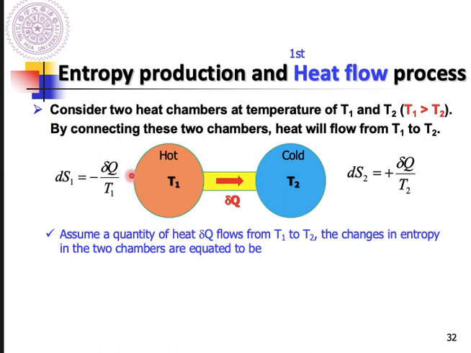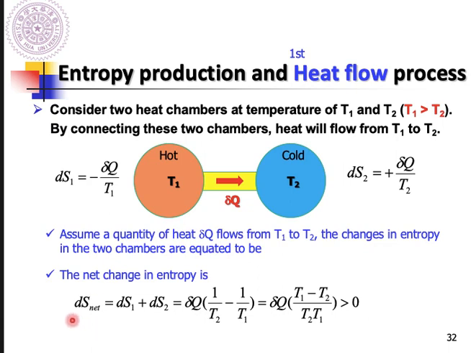So in order to consider the net entropy change in these systems, including chamber 1 and chamber 2, we will write it down: the entropy change in total, or some people call it the net change in entropy, equals ds1 plus ds2, this term plus this term. After arrangement, we get this term.